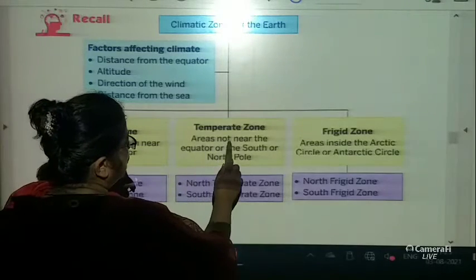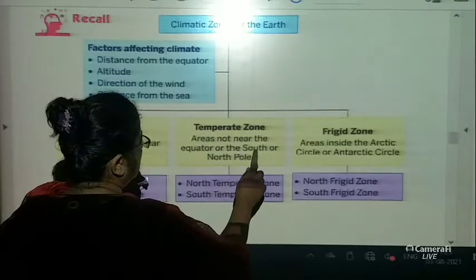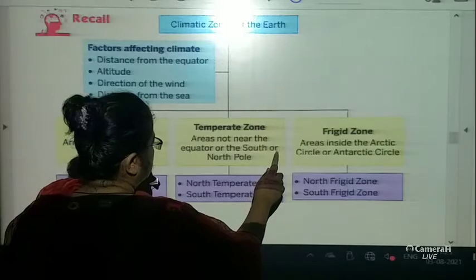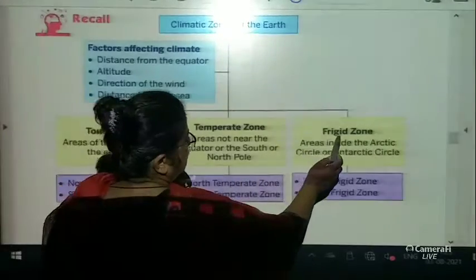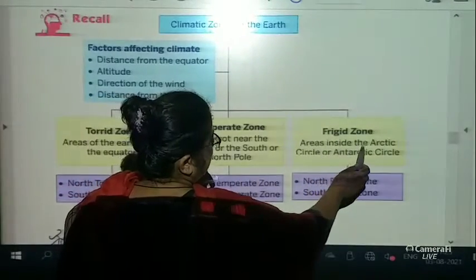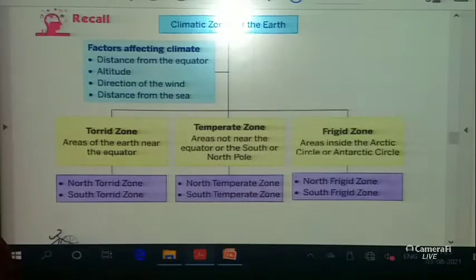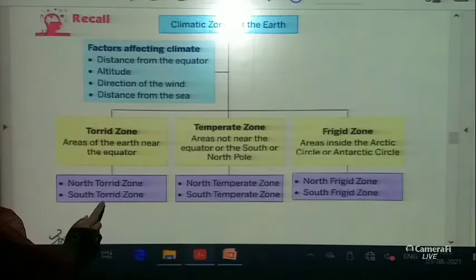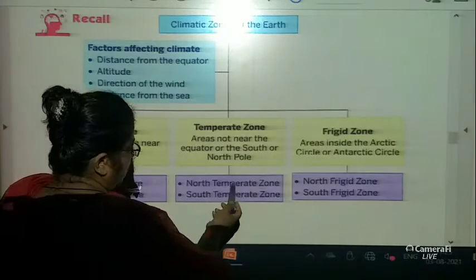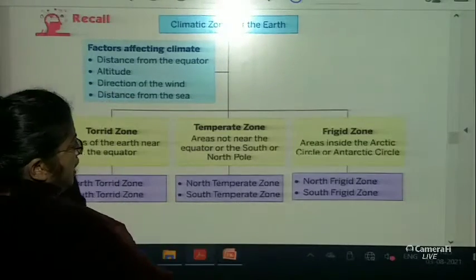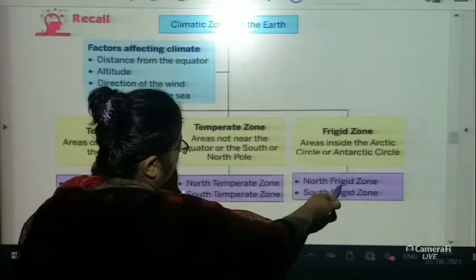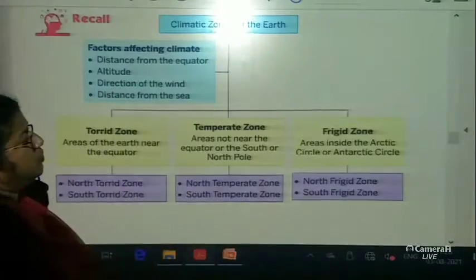Temperate zone: areas not near the equator or the South or North Pole. Frigid zone: areas inside the Arctic Circle and Antarctic Circle. For the torrid zone, north torrid zone, south torrid zone. Similarly, north temperate zone, south temperate zone, and again north frigid zone and south frigid zone.